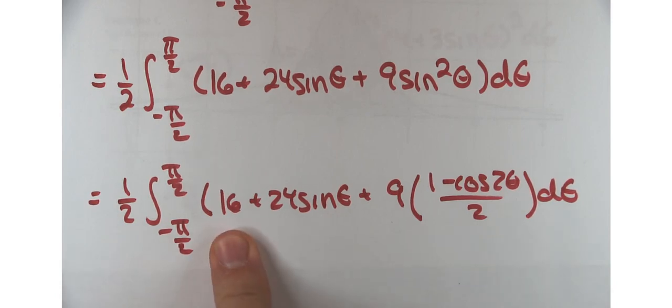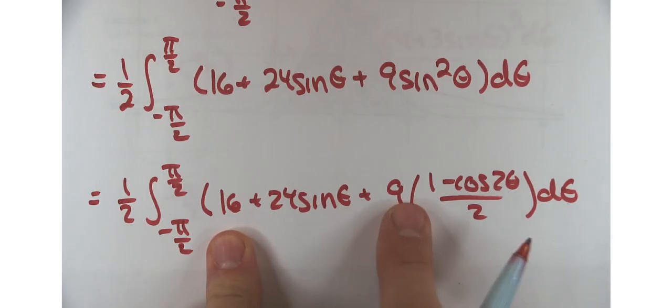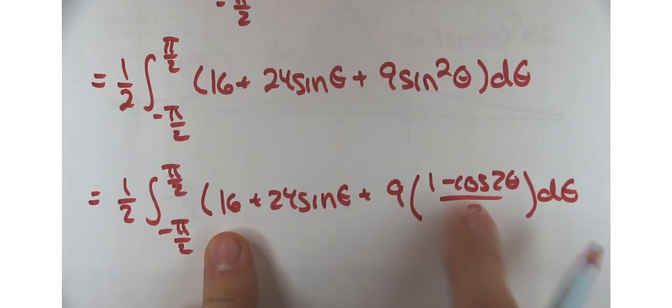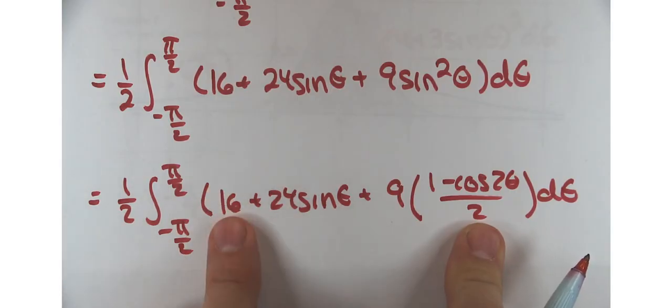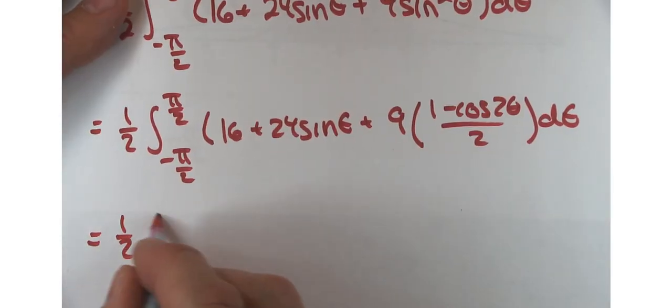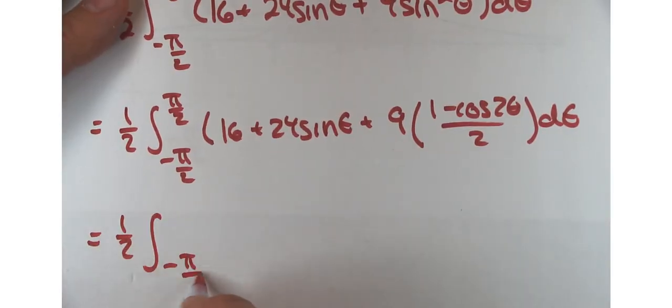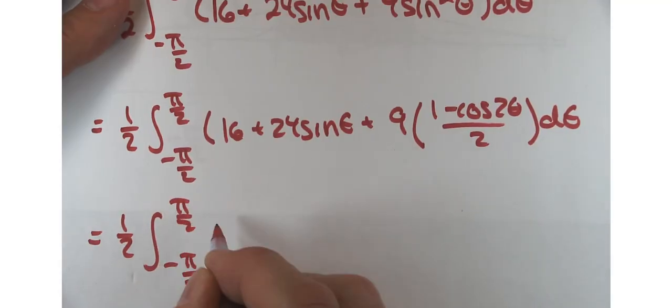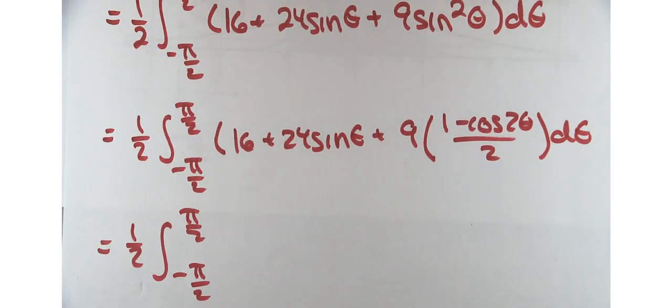If we distribute the 9, I'll get 9 halves added to 32 halves, which is 41 halves. So let's clean this up a little bit. That's going to be the integral from negative pi over 2 to pi over 2. I'm just adding up the constants here.